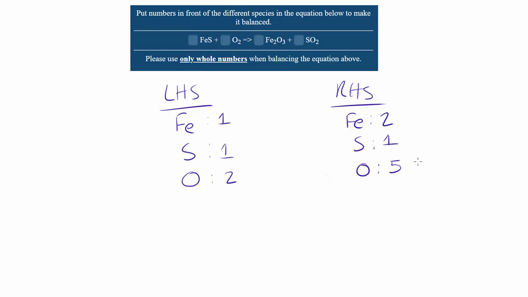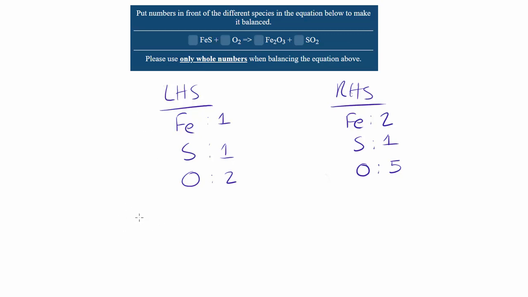It's much easier to tweak the oxygen towards the very end versus any other element present, right? So we'll leave oxygen for now, and I'll focus on the iron. So what I'm going to do is put a 2 in front of the iron 2 sulfide.